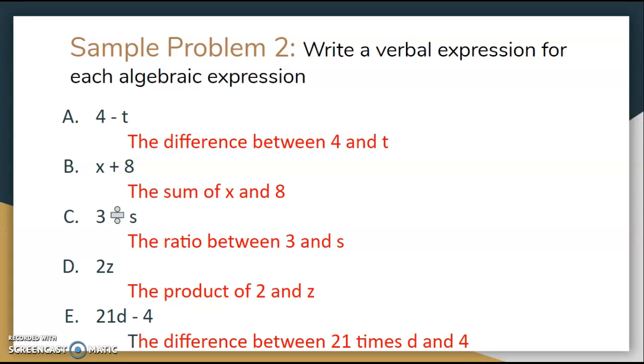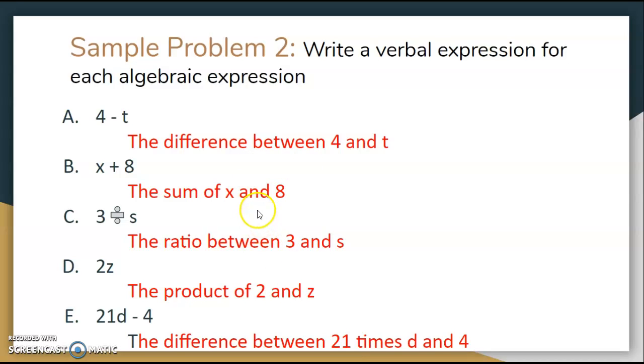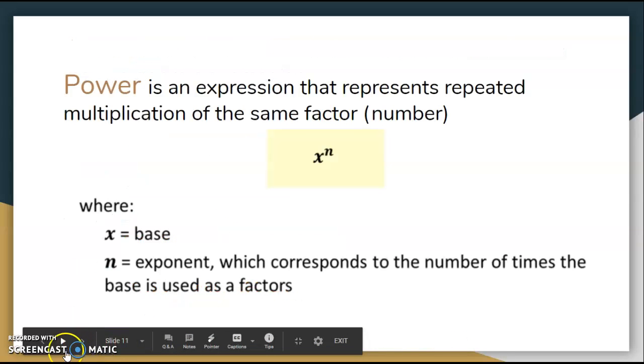So you would multiply 21 and d together and then subtract 4 from that. And again, difference means subtract, so that's why you would write it as the difference between 21 times d and 4. And we will learn about power in the next lesson.